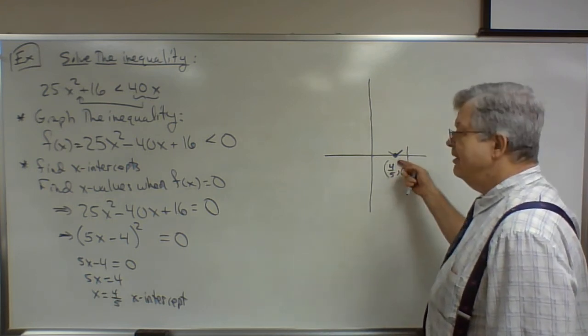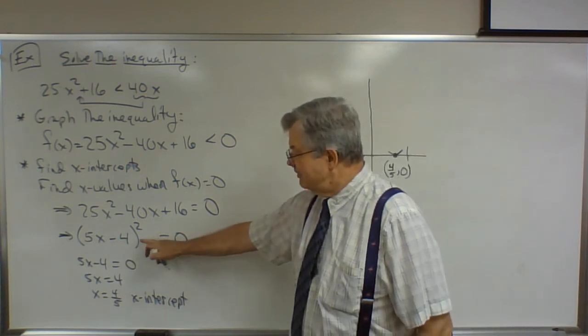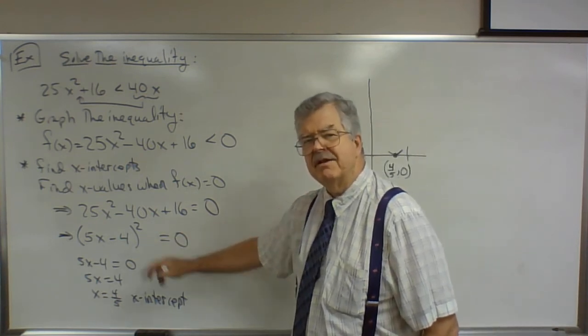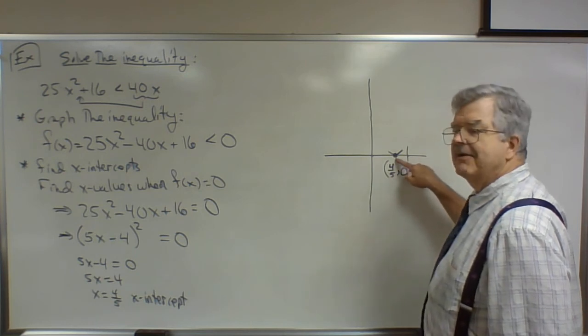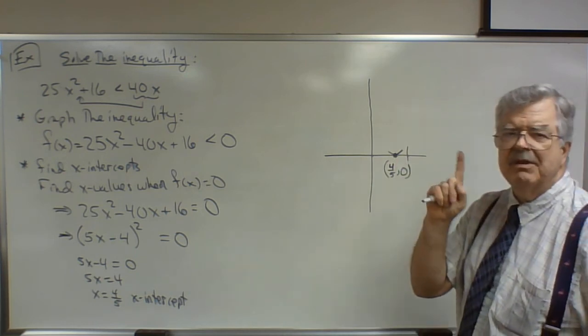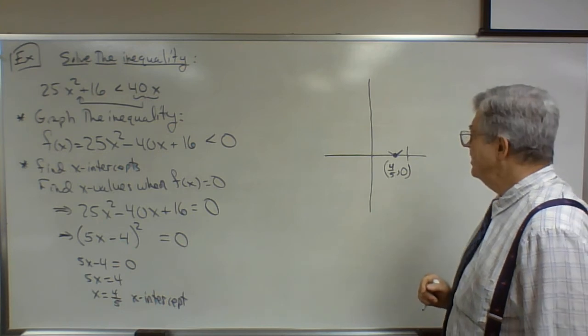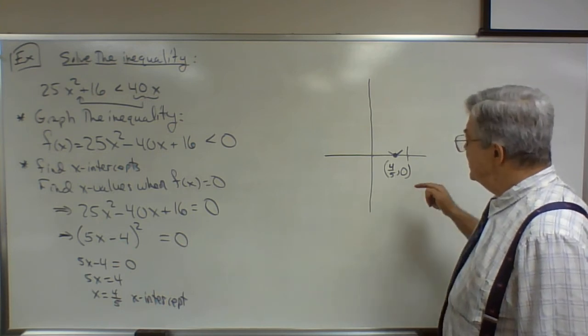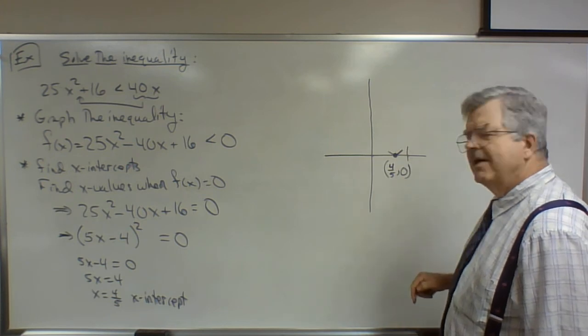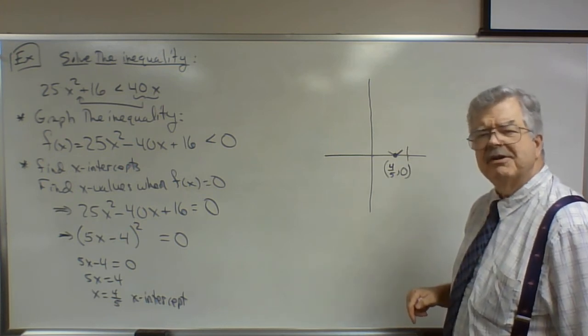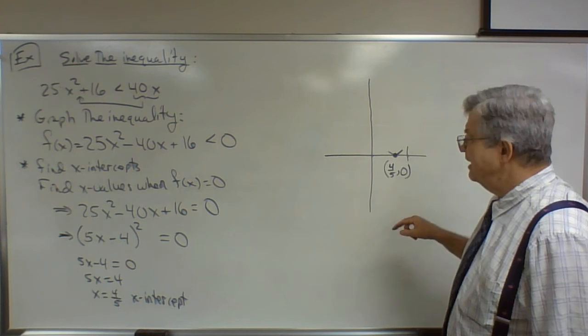See, there's no part of the graph that's below the x-axis because this thing can't be negative. This is the only x value where the graph touches the x-axis. We only have one x-intercept. So there can't be any points other than this one that touch the x-axis. There can't be any points on the graph that go below the x-axis.